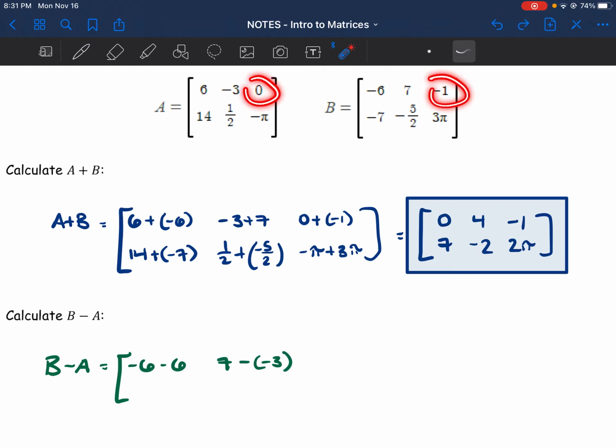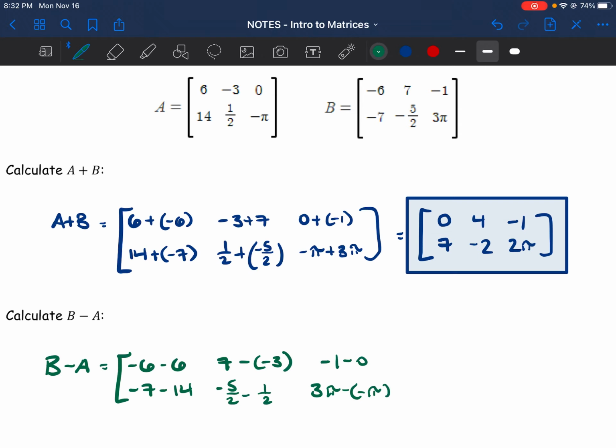We'll do -1 minus 0. There we go. Small mistake on my part. Then we're going to have -7 minus 14. We're going to have -5 halves minus 1/2. And then lastly, we'll have 3pi minus -pi.